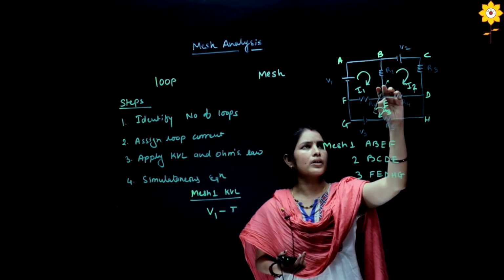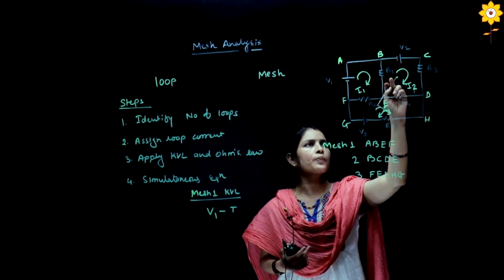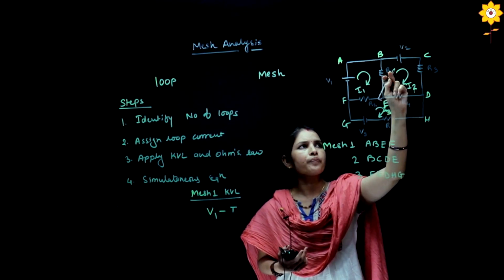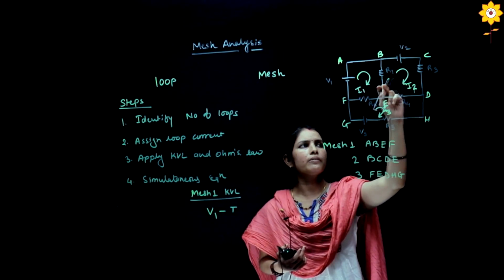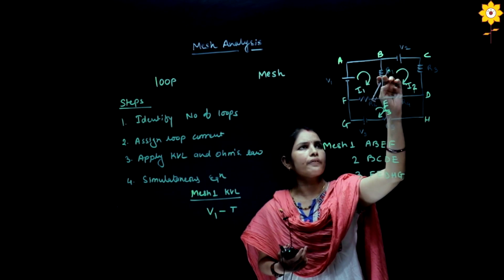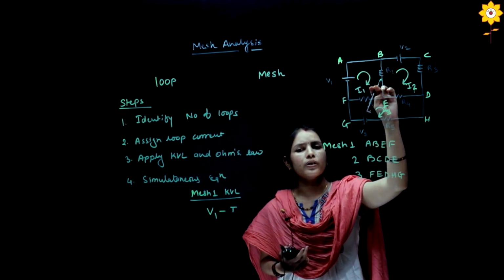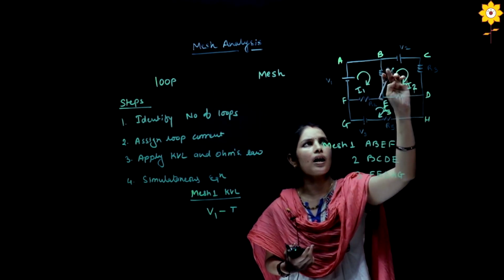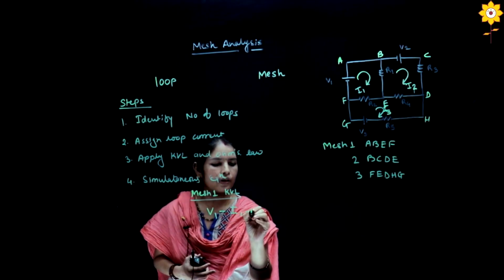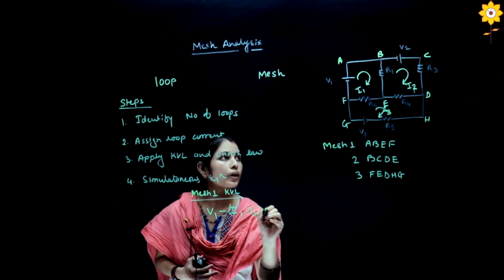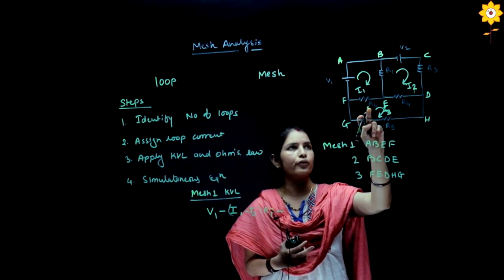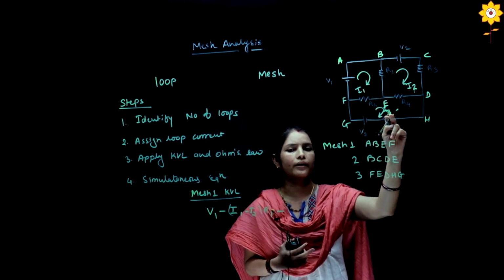So while writing the voltage equations for R1, it will be R1 into I1 minus I2. As you can see here, for R1, the current I1 is downwards and the current I2 is upwards. So we will write V1 minus I1 minus I2 into R1, minus, for R2 we have two currents I1 and I3.